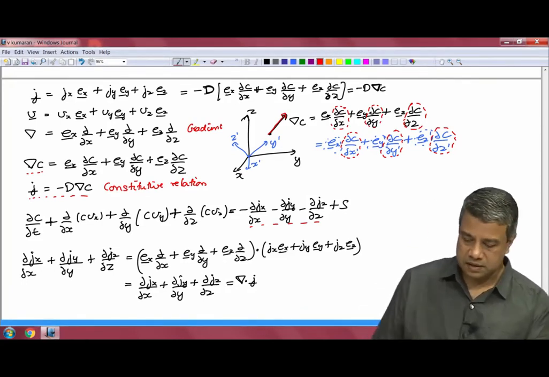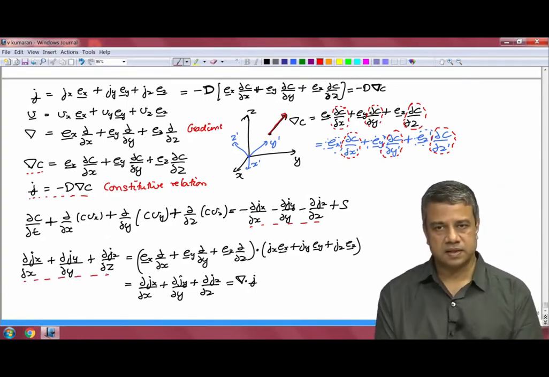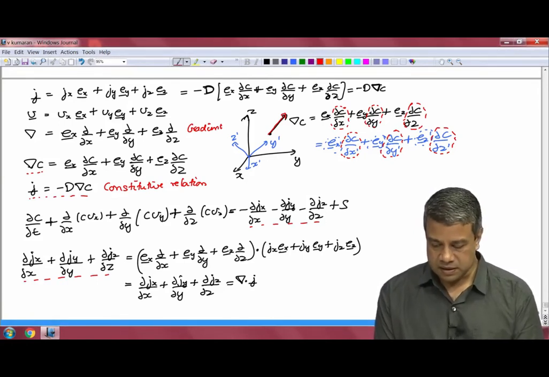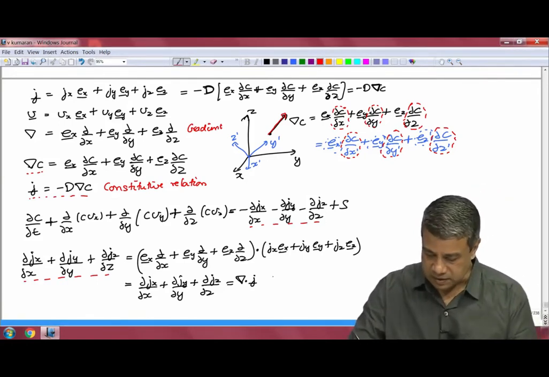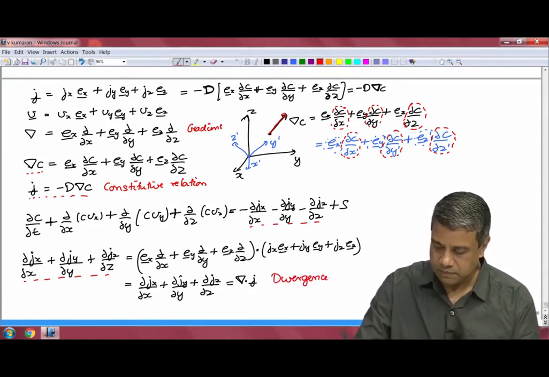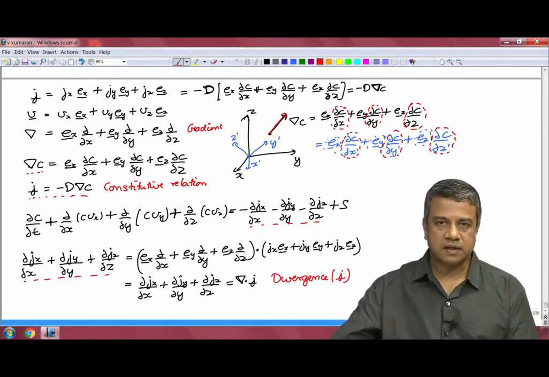You can see that the term on the left here has no unit vectors. So, it is just a scalar. This is called the divergence of the vector j. The divergence of a vector is a scalar.